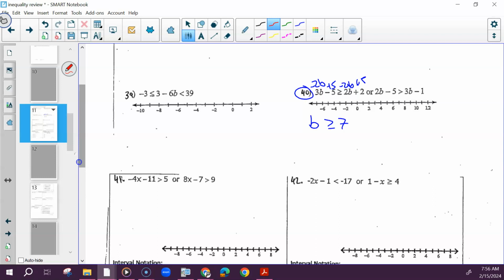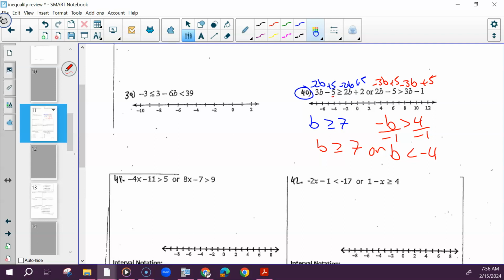Then if I focus on the other one, and let's say I subtract 3b and add 5, we have negative b is greater than 4, but I have to divide out the negative 1. Then we have b is greater than or equal to 7, or b is less than negative 4.